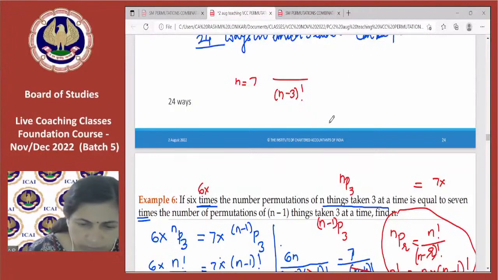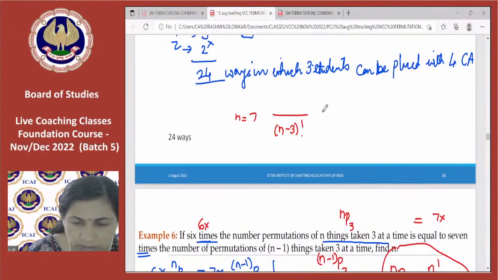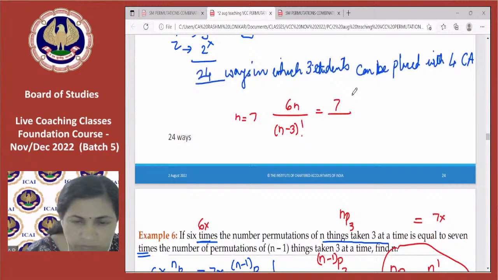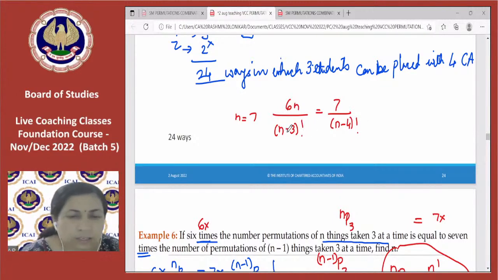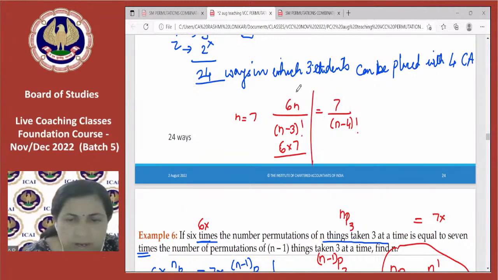And what is the formula here? 6n upon n minus 3 factorial is equal to 7 upon n minus 4 factorial. Now let us see. If I already know that n is 7, then what will be my n minus 3? So this will be 6 into 7. This is my LHS and this is my RHS.